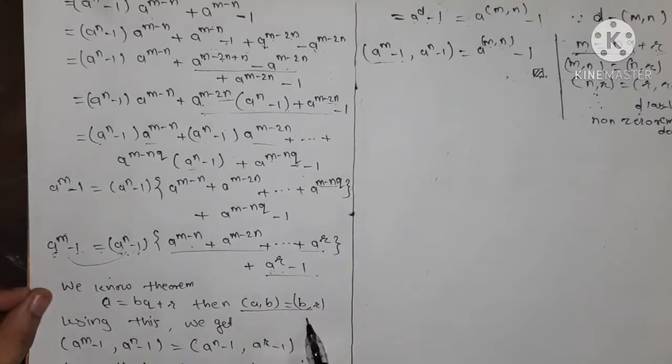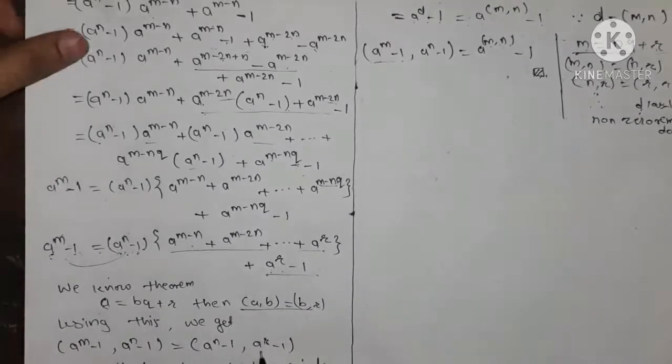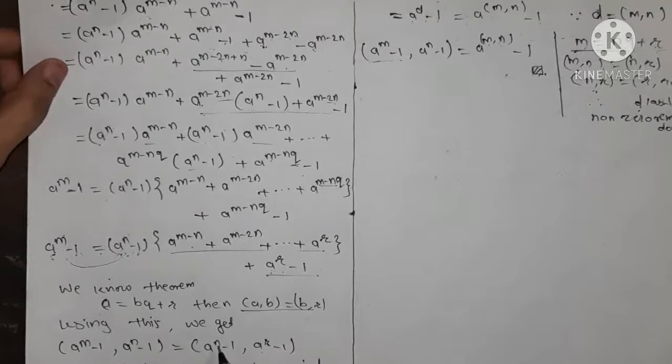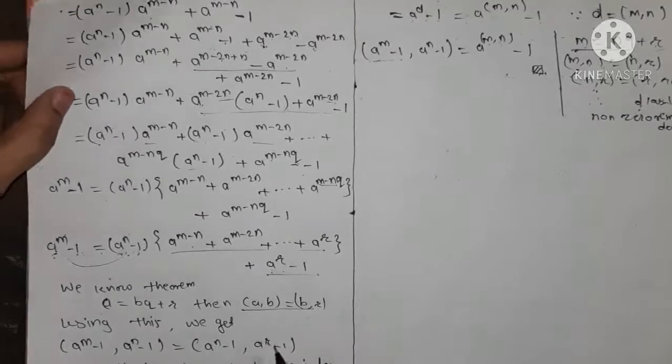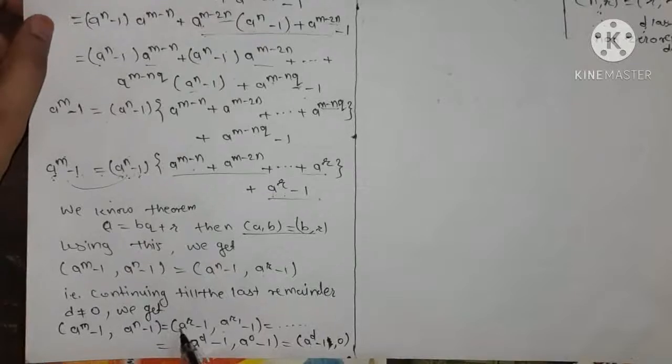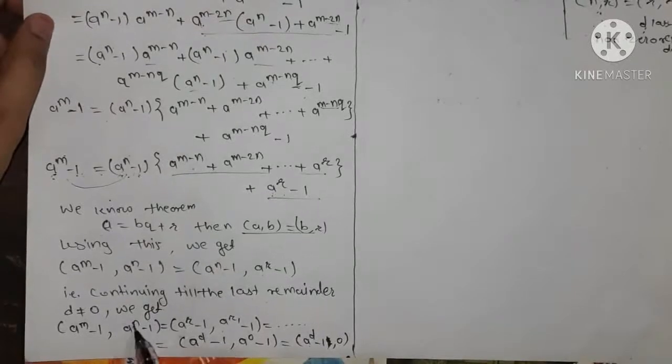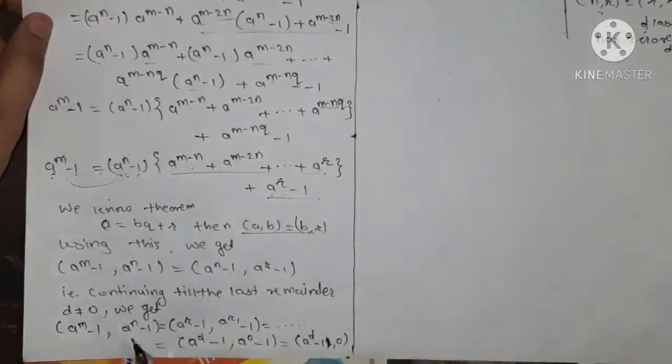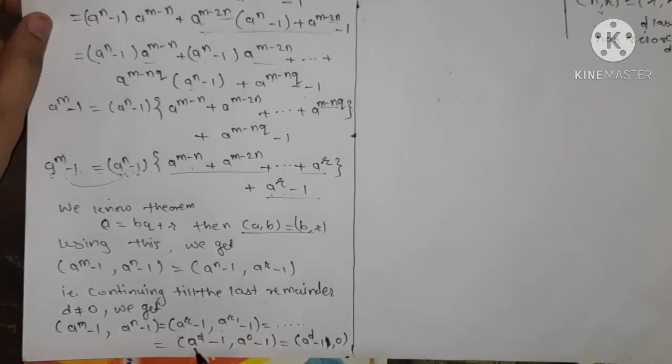So we use this theorem and write in this form, and we continue the division algorithm for n comma r until the last remainder is non-zero. We apply the theorem on n and r, and continuing this process we get the GCD of a to the power r minus 1 comma a to the power r1 minus 1, and we continue this up to a to the power d minus 1 comma a to the power 0 minus 1.